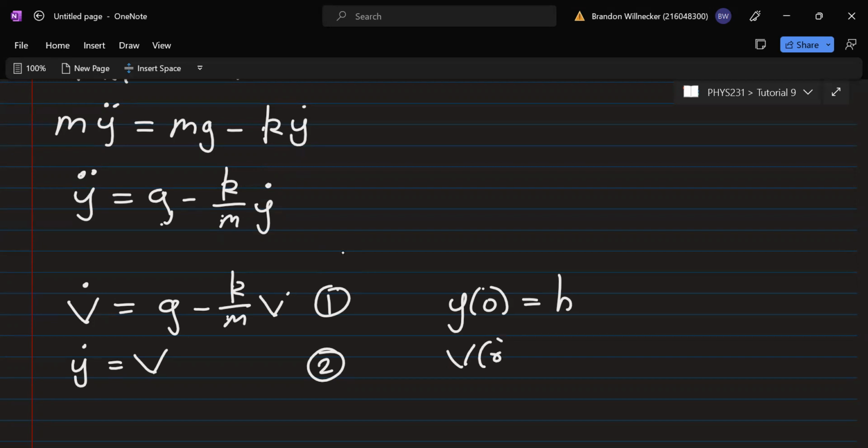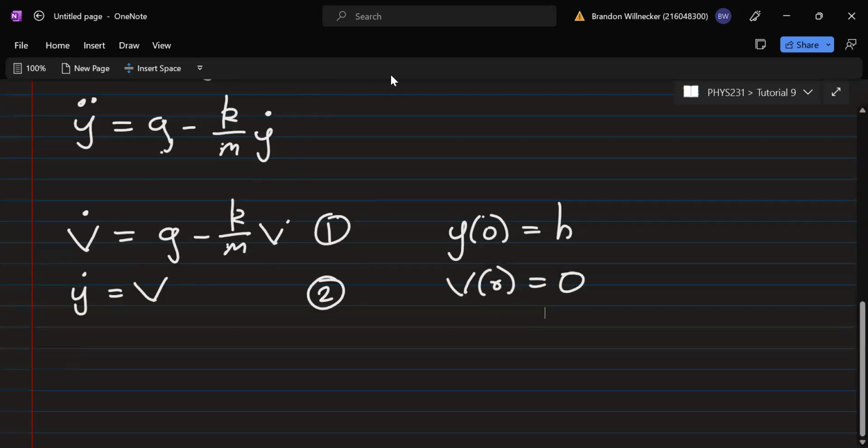And v naught is 0, so they simply drop from rest at a height h. That's pretty standard. We can solve these two first order equations given those initial conditions. You've done that before.